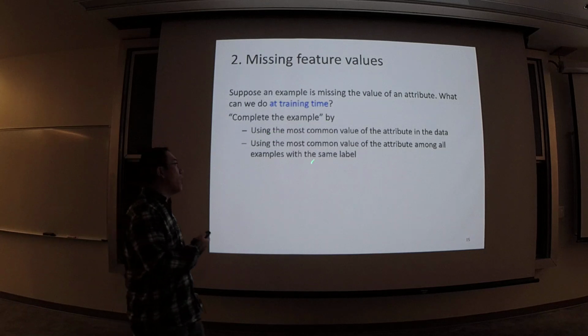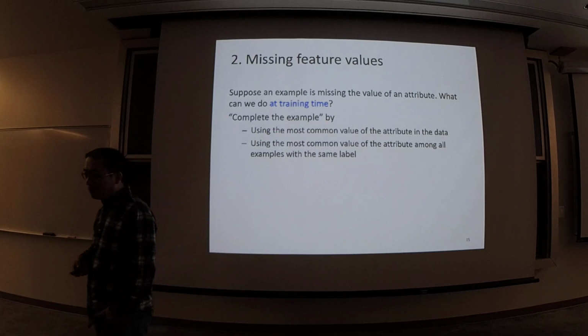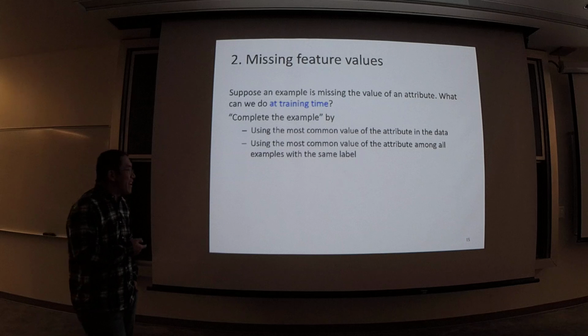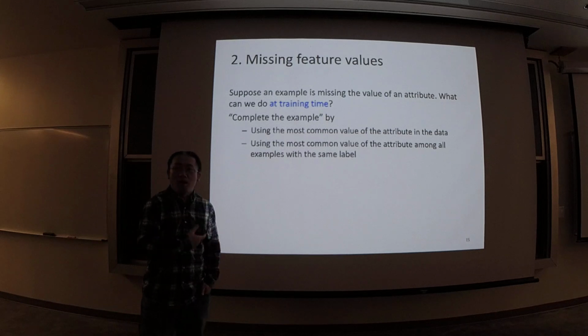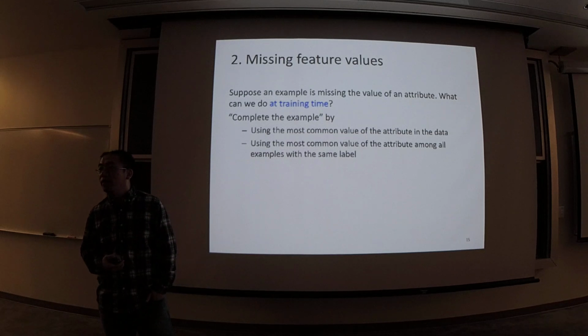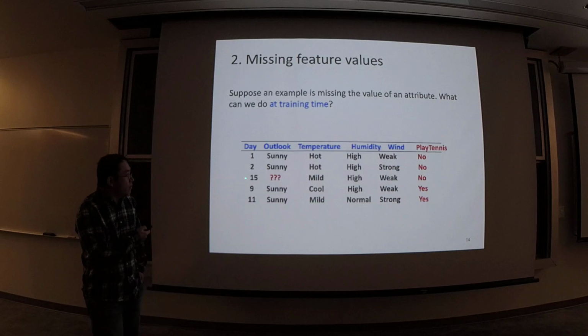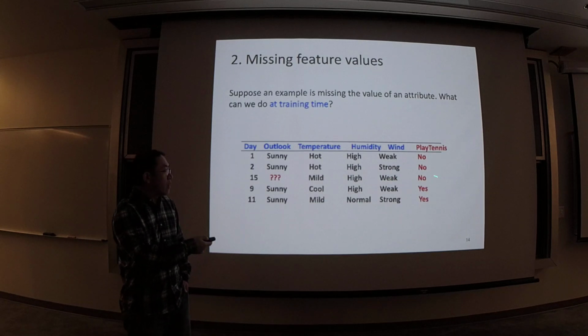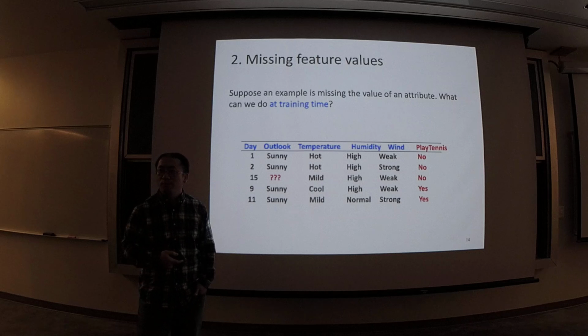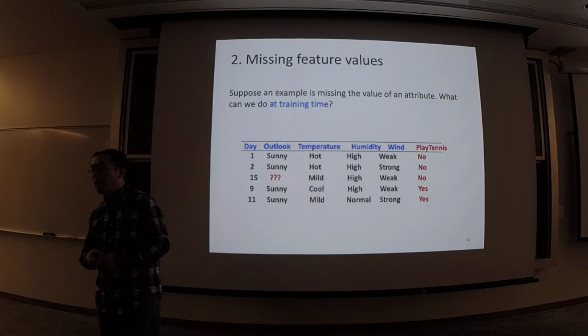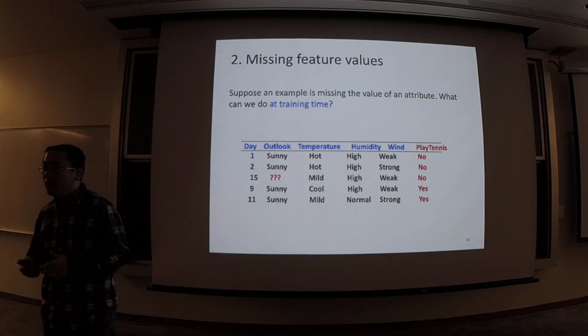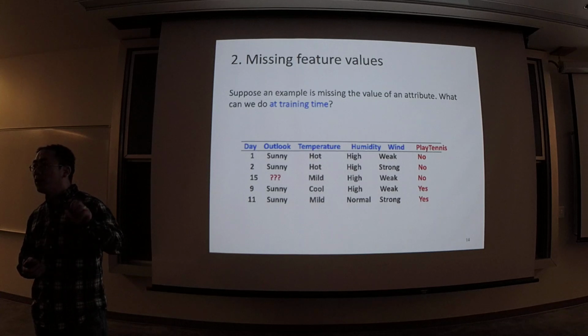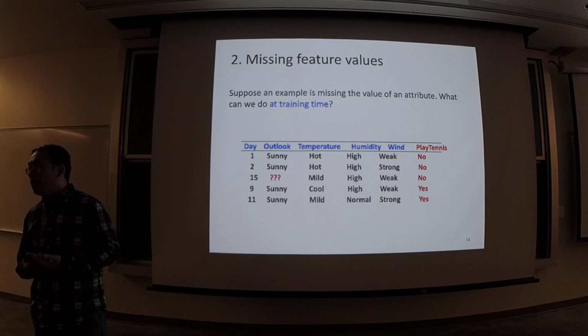So if you want a more refined way, we might need to care about the label of that incomplete example, right? As we mentioned, this new example is a negative example. So I might need to take a look at all the negative examples in the training set and look into the most common value of outlook in the negative examples.